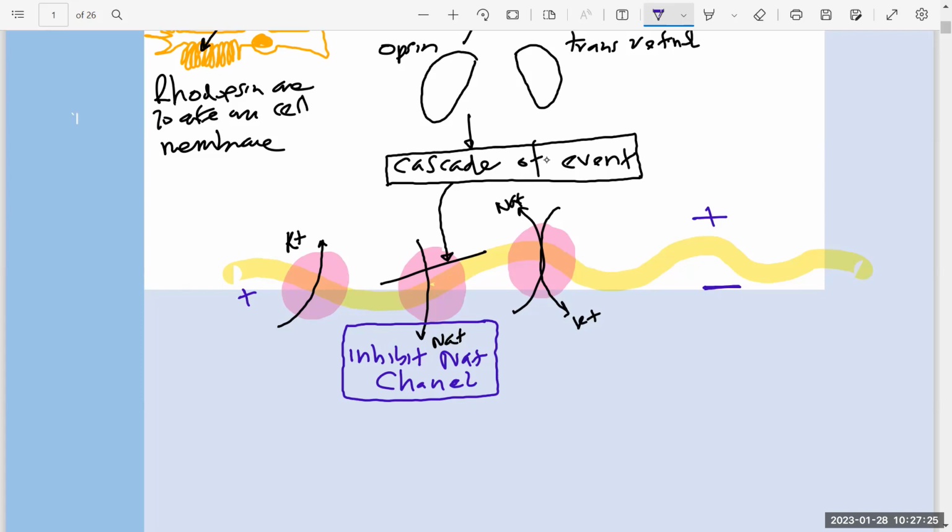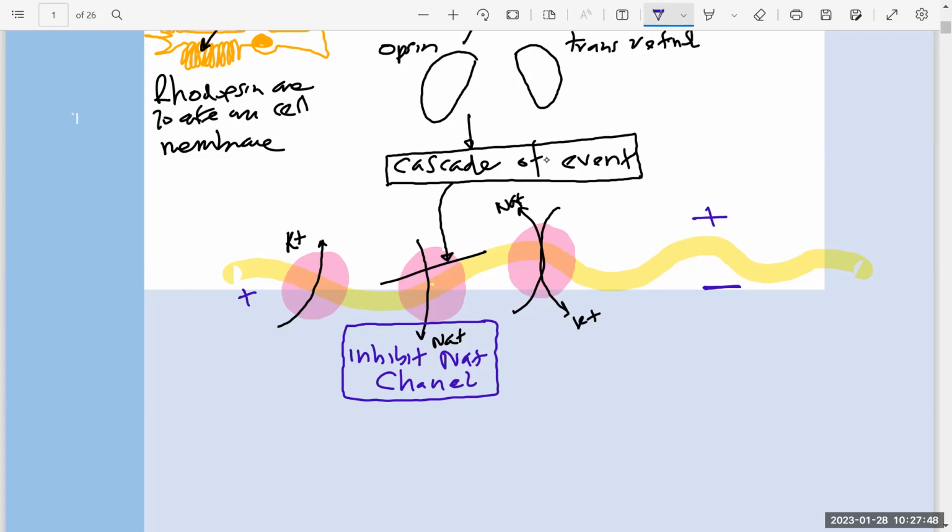Sodium ions are not bringing any more positive charges because this channel is closed. But positive charges are being lost by potassium, and sodium doesn't bring any more positive charges.